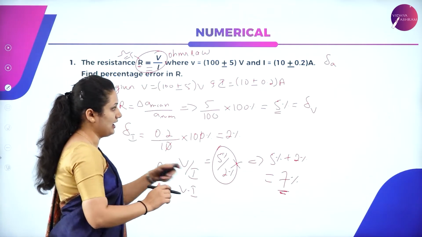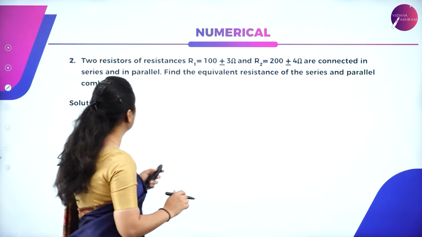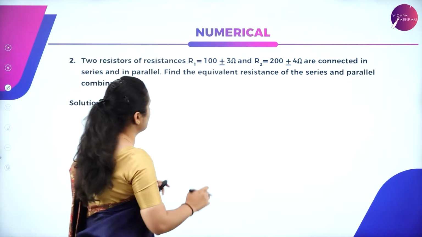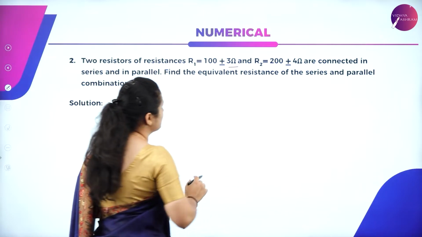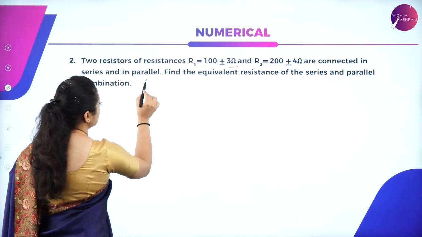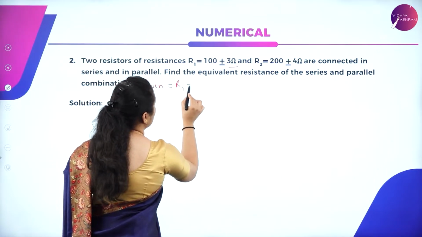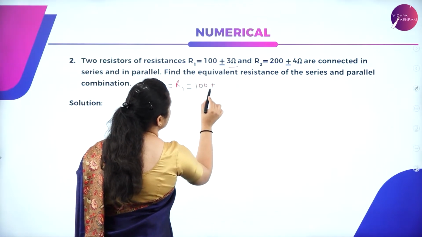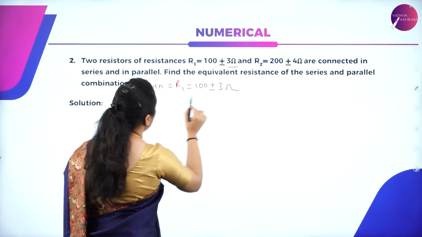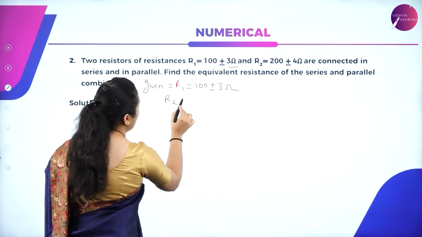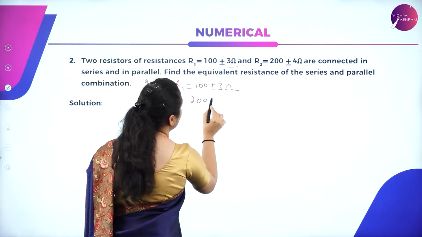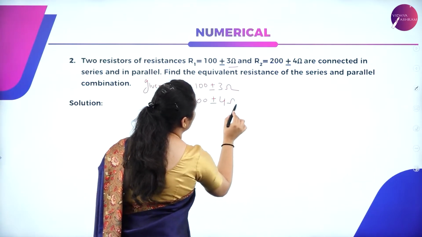So, the next question: we have two resistors of resistance R1 and R2. R1 is 100 plus or minus 3 ohm and R2 is 200 plus or minus 4 ohm.